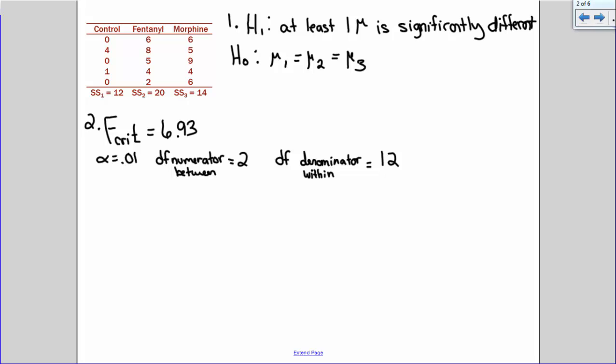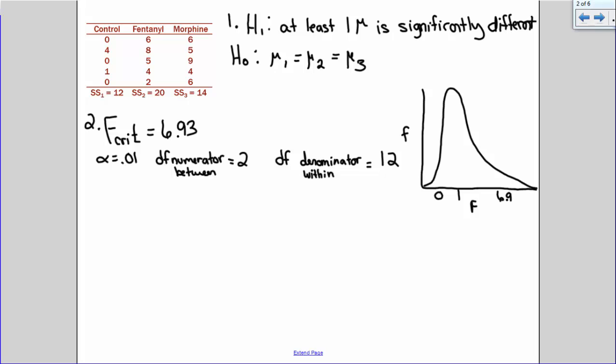I'm going to go ahead and draw that distribution, just because I like to draw my distributions. So we've got our frequencies, and then we've got our F statistics down here. Remember our positively skewed distribution. 1 is right here, 0 is right here, and 6.93 is roughly here. So just like before, if our obtained test statistic from step 3 falls in the critical region, we can reject the null hypothesis.